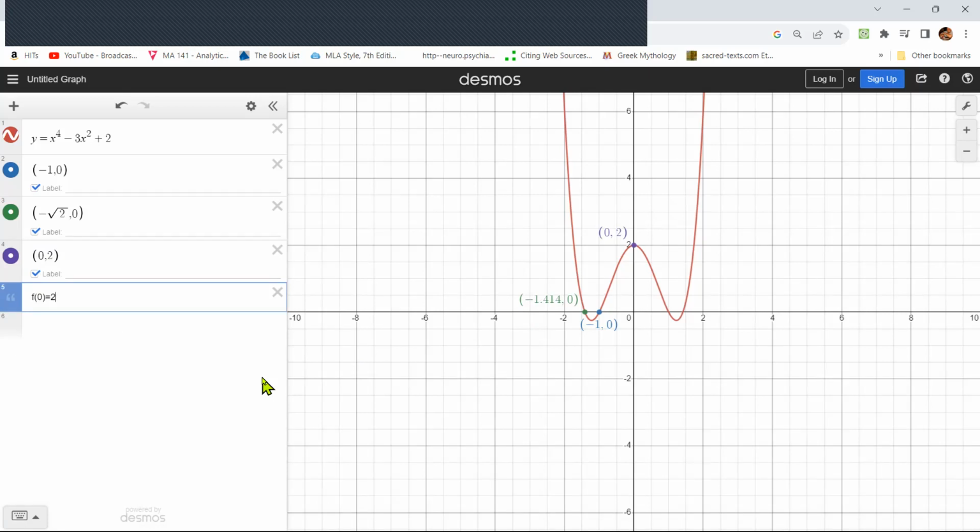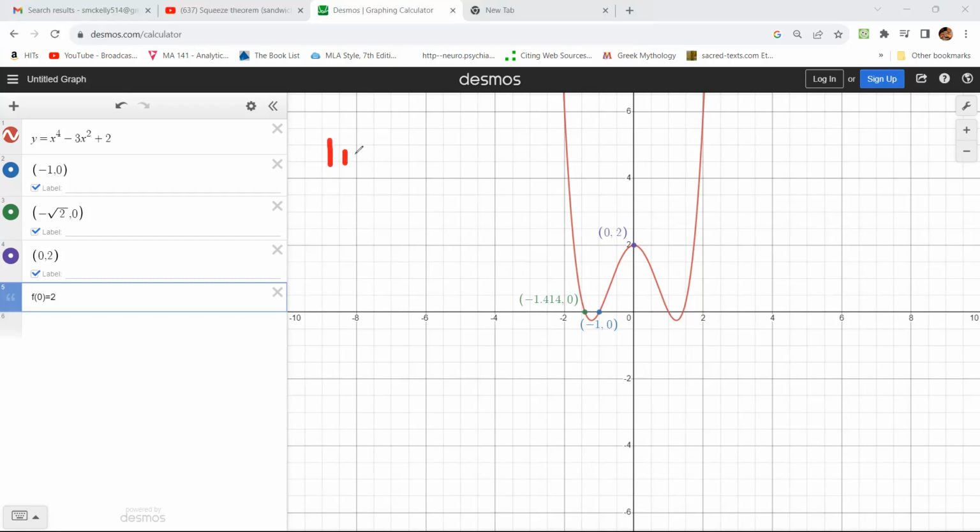It's 2, isn't it? Yeah. In this case, the limit as x approaches 0 of f of x is equal to 2, right?